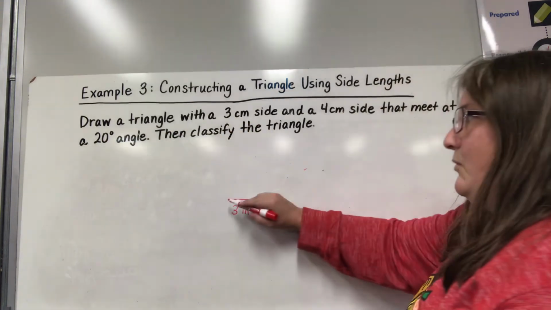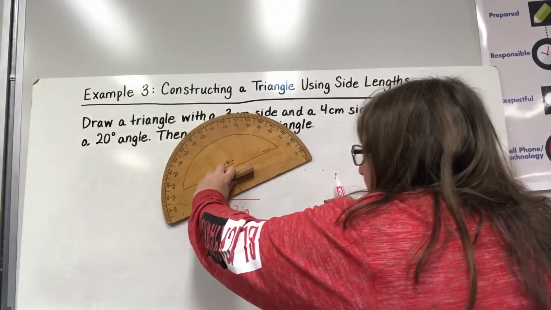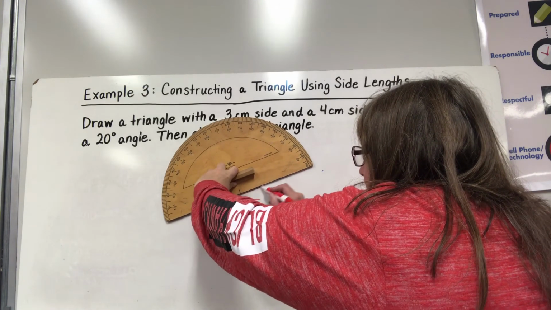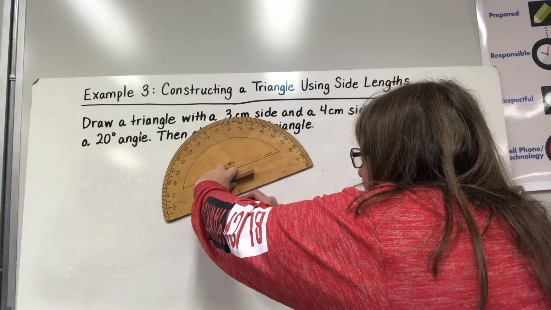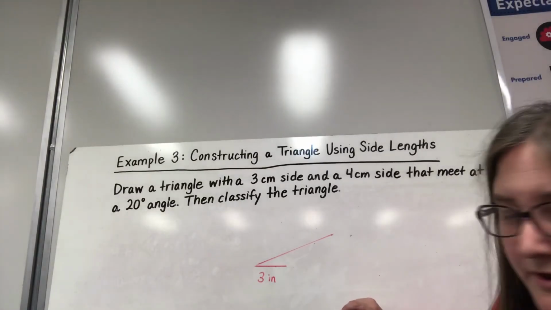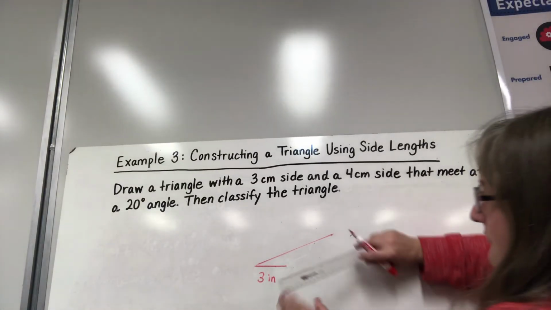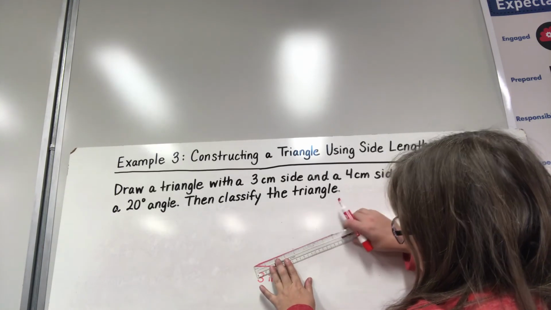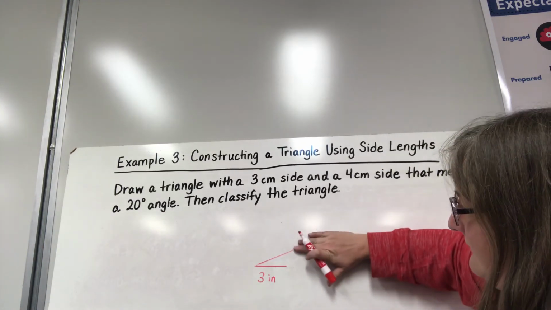I can see it's going to be way more than I need if I connect that whole way, but that's okay, I can always erase. That's what erasers are for. So now I'm going to measure 4 centimeters, or in my case, 4 inches. That's right here. So I'm going to erase the excess that I don't need.